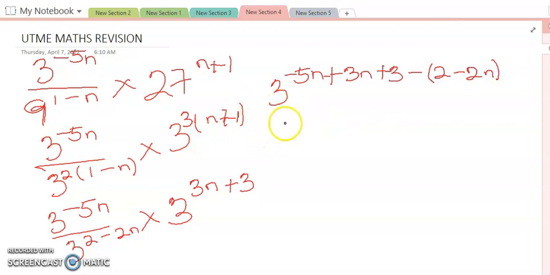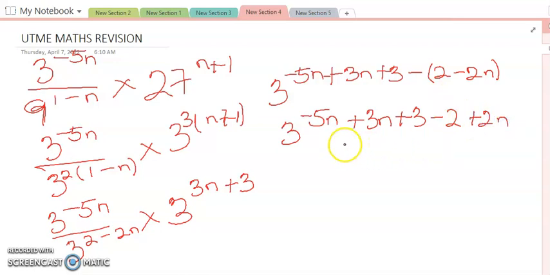Now, it means we're going to have 3 raised to power minus 5n plus 3n plus 3. Minus times plus is minus 2. Minus times minus is plus 2n.